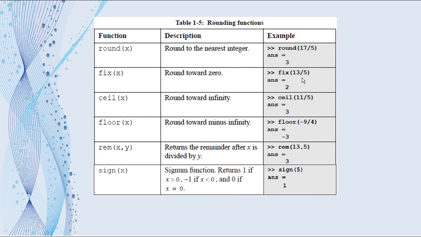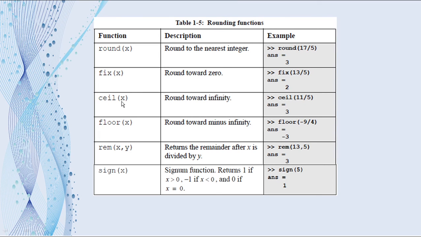So 13 divided by 5 is approximately 2.6, but it is rounding towards 0, which means you'll be getting 2.